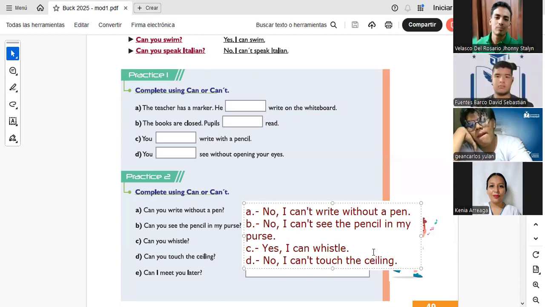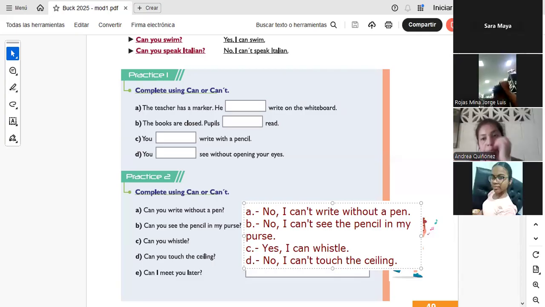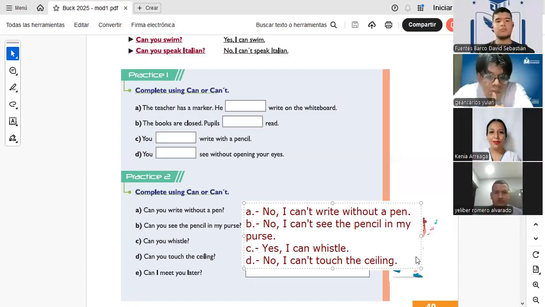Okay, let me see if you can see. Don't translate. Okay, that's the ceiling. Super high, so I cannot do it. Okay, no, I can't touch the ceiling, and that is correct. Remember to lower your hands when you finish so I can see who is next and has no participation yet.